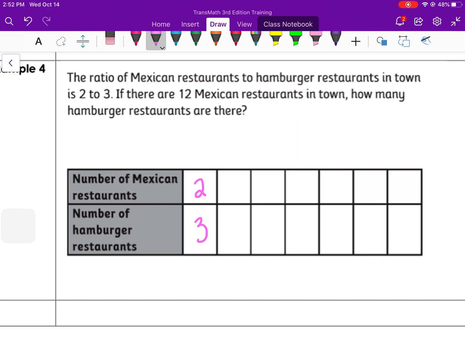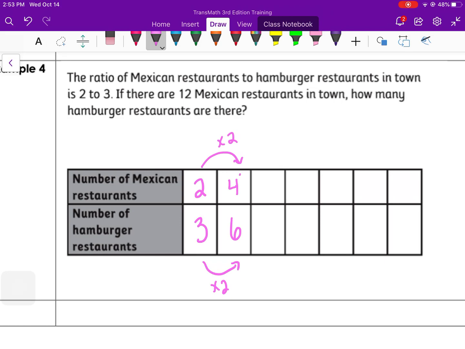This one is going to be a little different. Since nothing times 2 equals 3, I'm going to have to go horizontally this way, which means if I double the number of Mexican restaurants, so there was 2, now there's 4, so I'm taking 2 times 2, then you do the same thing, double the number of hamburger restaurants. 3 times 2 is 6.